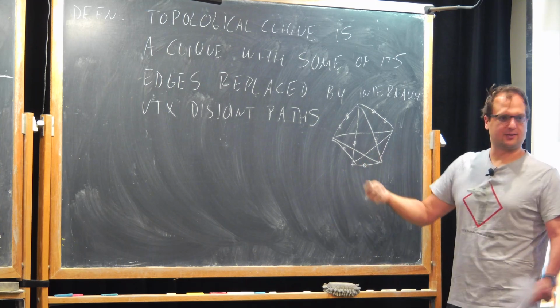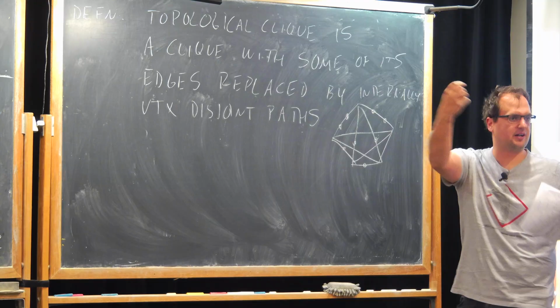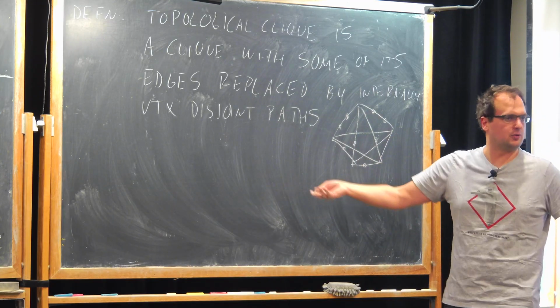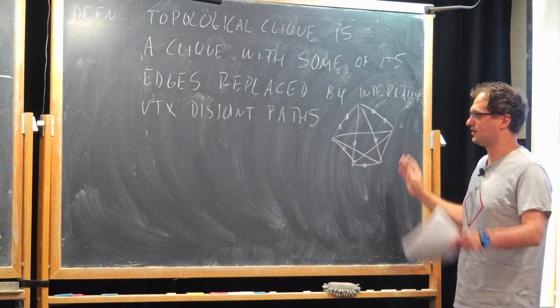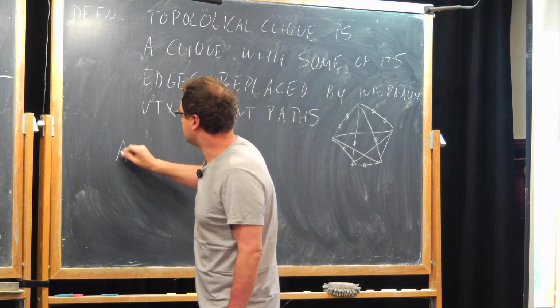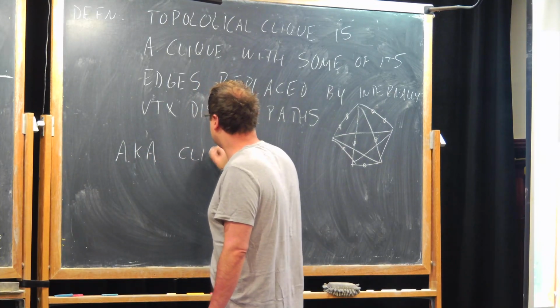Right, so a clique is a topological clique, but also any graph that you can get from a clique by subdividing edges, replacing edges with paths, is also a topological clique. So it's a bigger class of graphs. A bit of the motivation for this: maybe let me just say AKA clique subdivision.